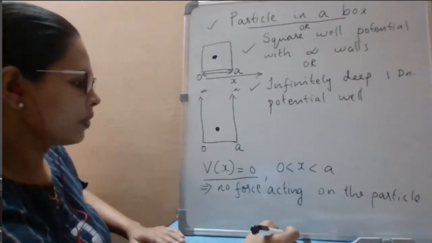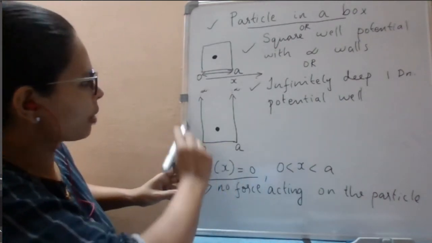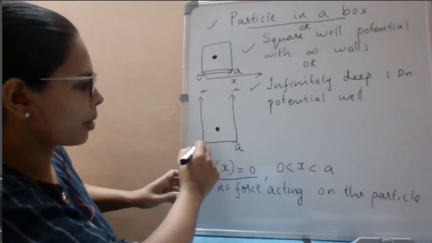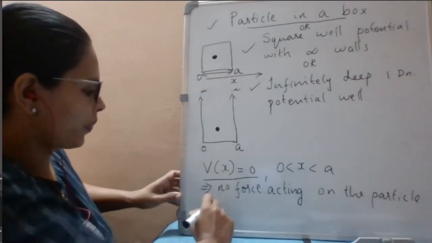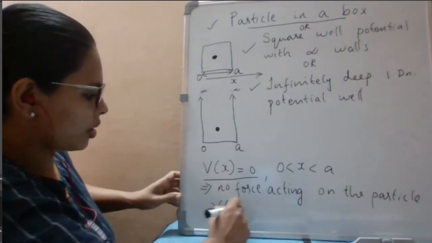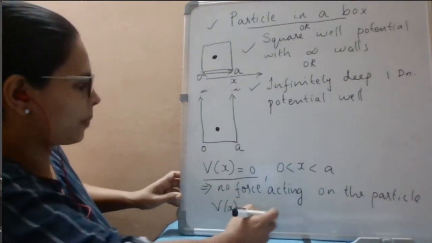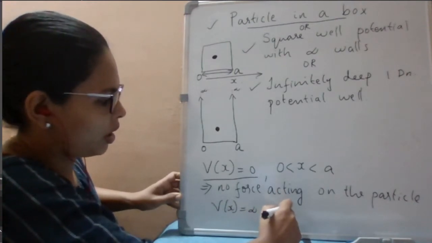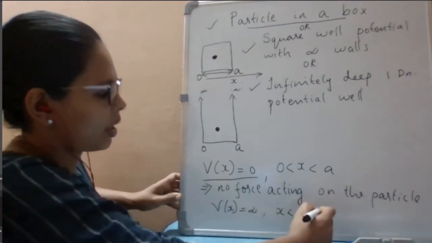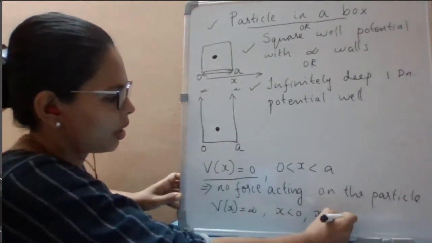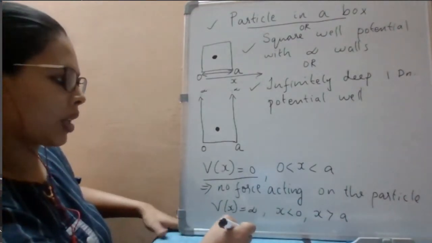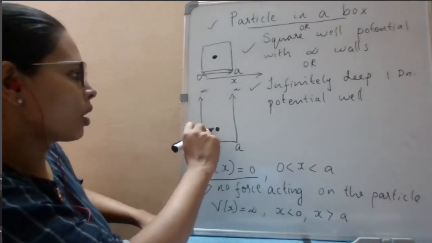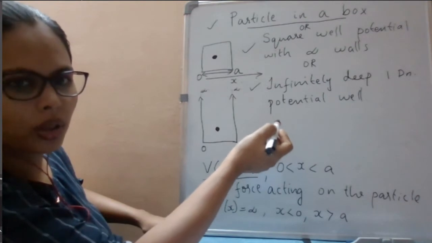Okay. Now, what about the remaining cases? V of x is equal to infinity for x less than 0 and x greater than a. Okay, so we can say that the particle is not able to come out of this box, this well.